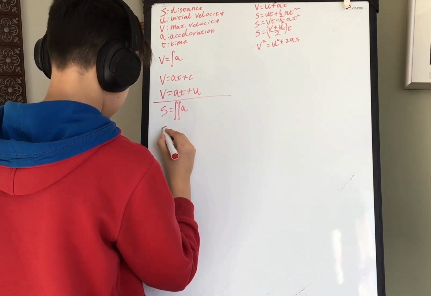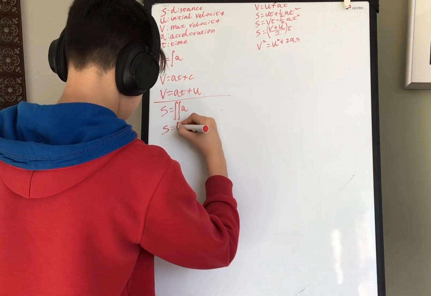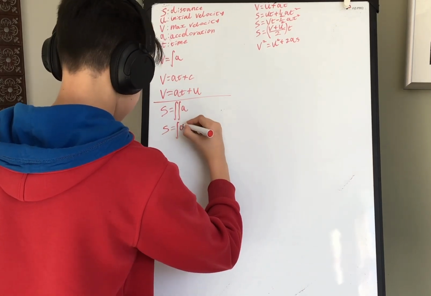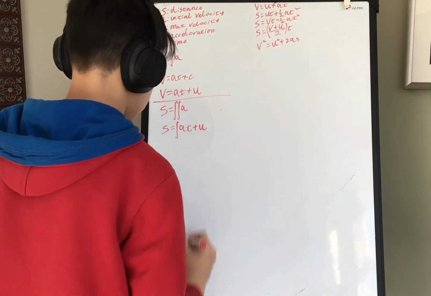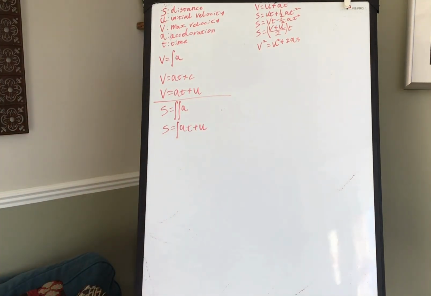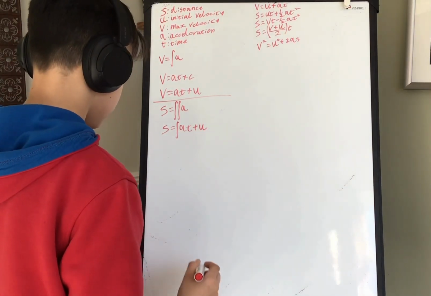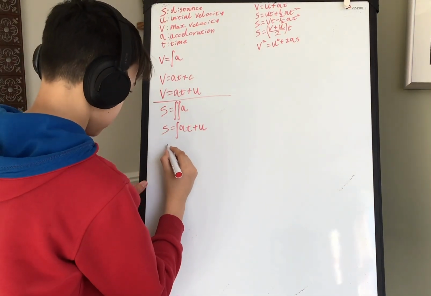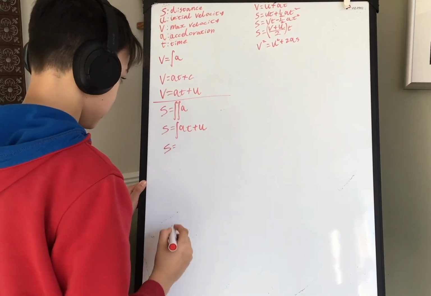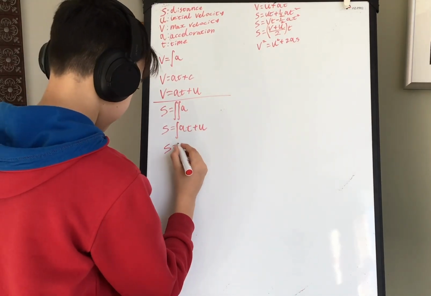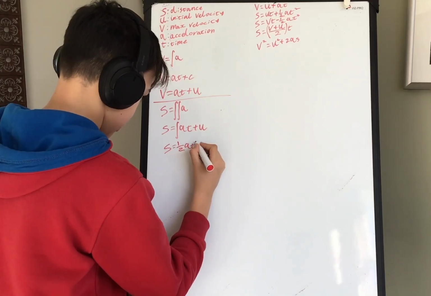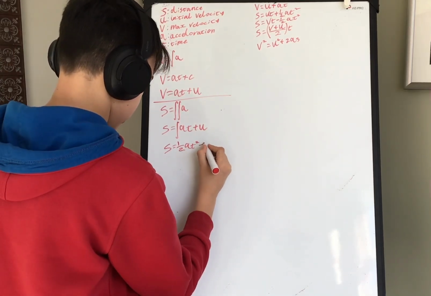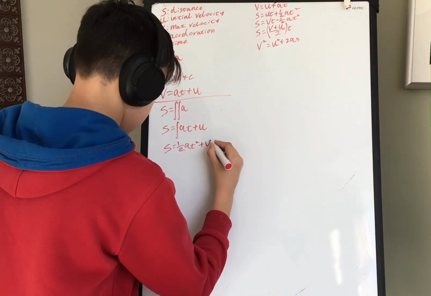So we have S equals the integral of AT plus U. And now what we have to do is integrate this. For the AT, you raise the power by 1 and then divide by that power, so that's 1/2 AT squared, and then for the U, we just do UT.